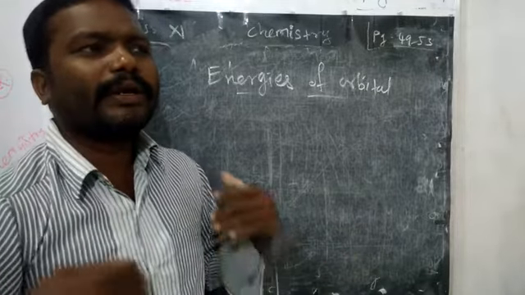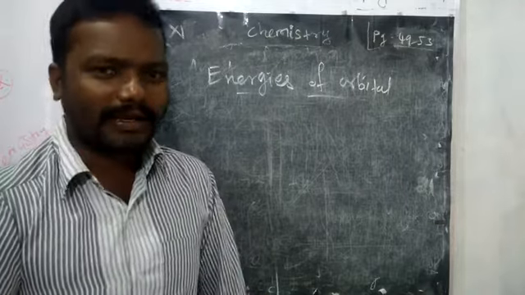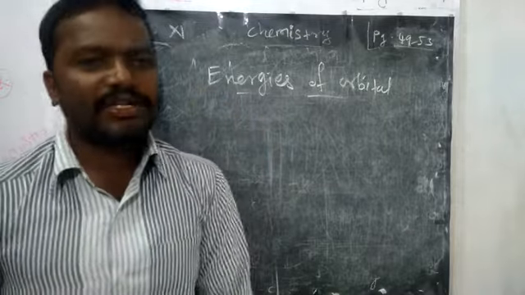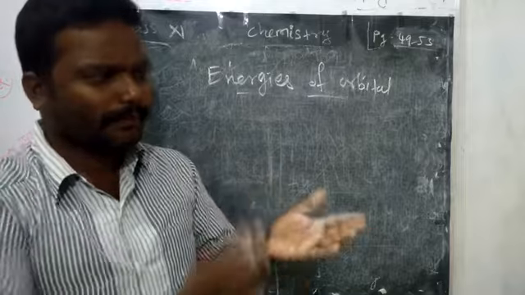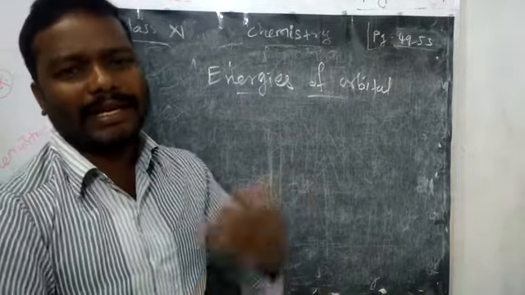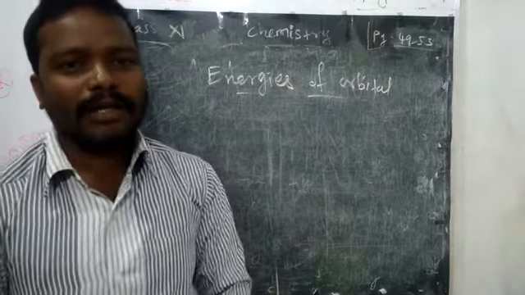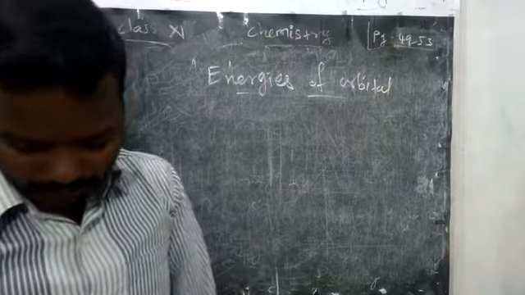How it is learned, or how this arrangement is drawn, we are going to learn now, because of the energy of orbitals. Based on the L value and N value we can find the energy sequence of all the orbitals. By using that, we can arrange the energy order.